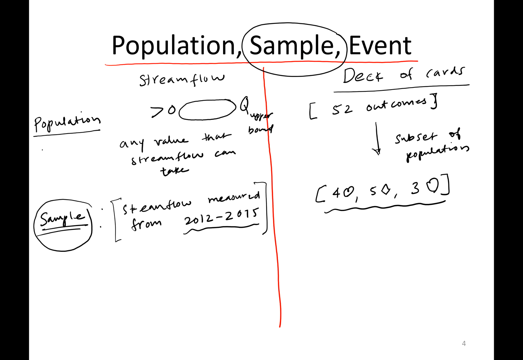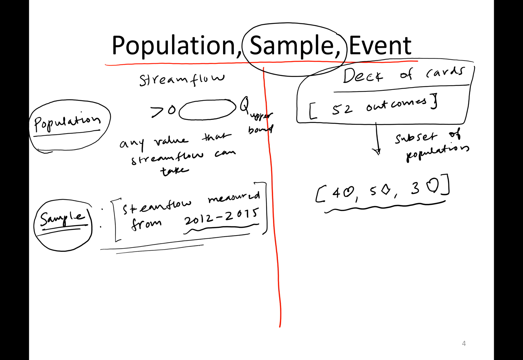So you are never going to get the population associated with stream flow, unlike what you get for the deck of cards. Most of the stream flow data or any hydrologic data we use is a sample of that population.